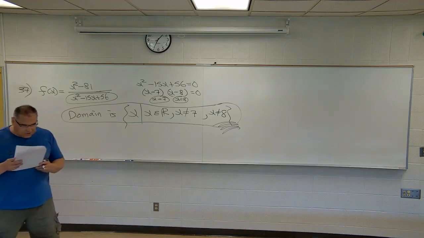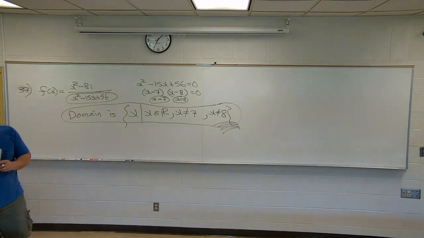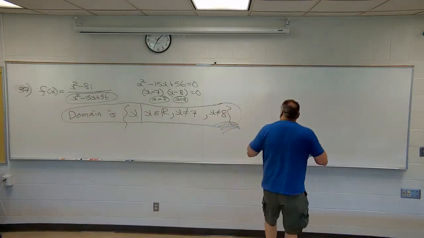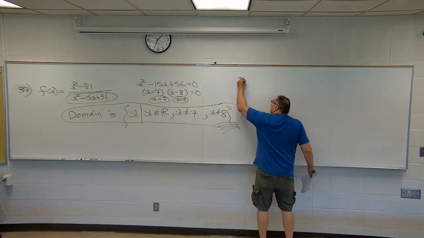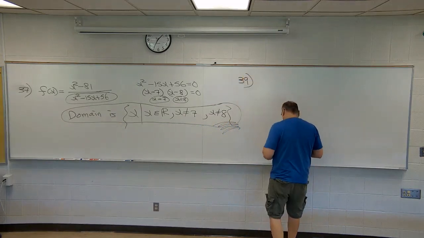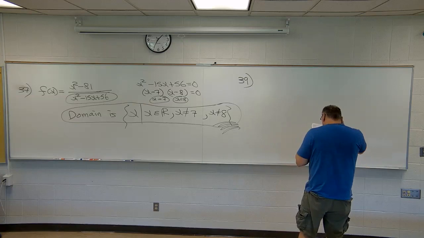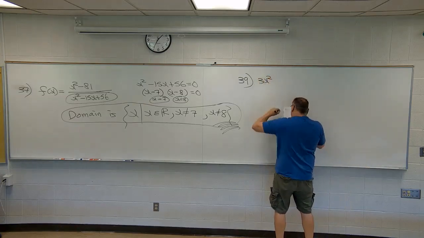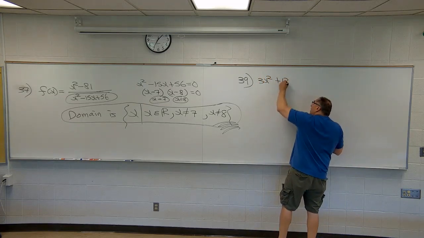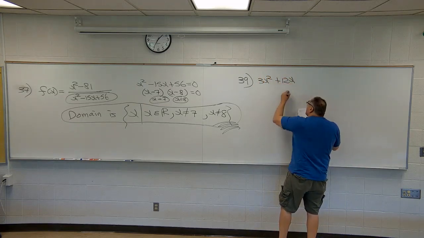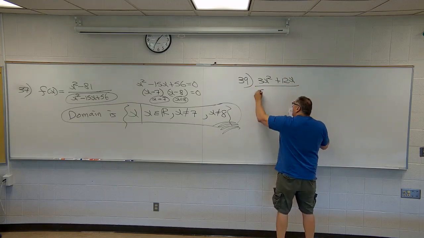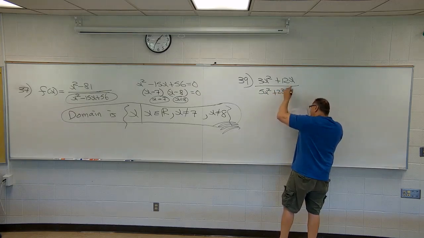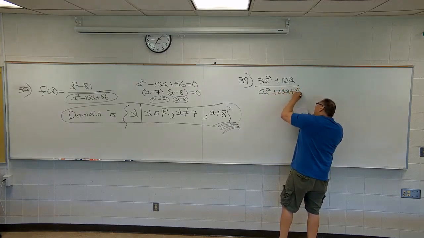Talking about writing the rational expression in the lowest terms. Let's do number 39. This is a pretty important point. For 39, if you have 3x squared plus 12x over 5x squared plus 23x, and I don't want to get into too much.